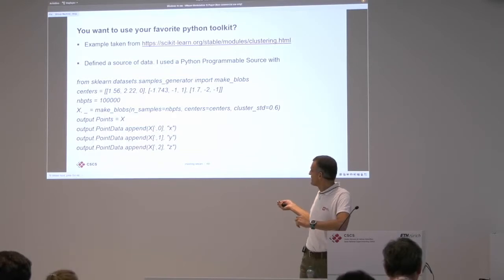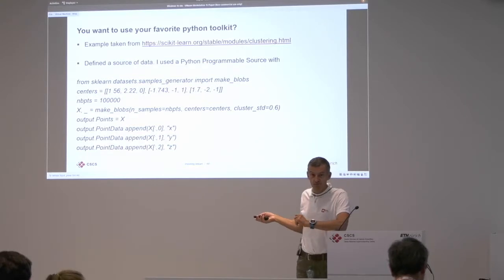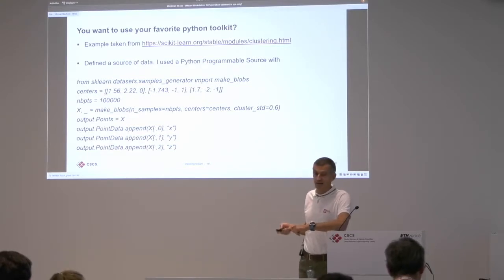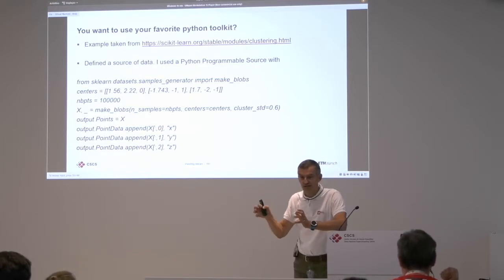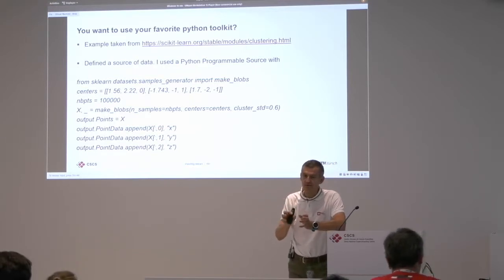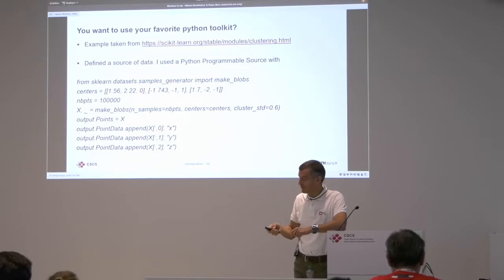You could use NumPy to do a computation of the magnitude, the square root of X component squared, Y component squared, Z component squared. That would be your distance. This would be a NumPy array, and then you would put that into output.pointData.append, and you would attach that NumPy array to the output of the Python programmable source.